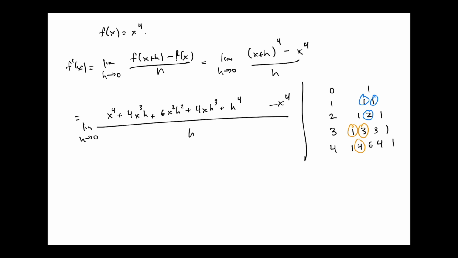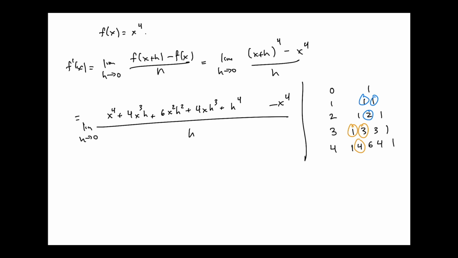Anyway, the important point to notice about distributing all this out is: what's the very first term going to be every time we've done this? x to the whatever the power is. Well, that's exactly what we're subtracting at the other end.